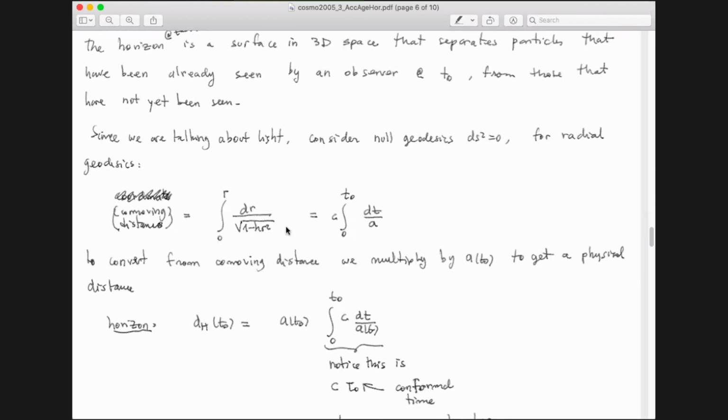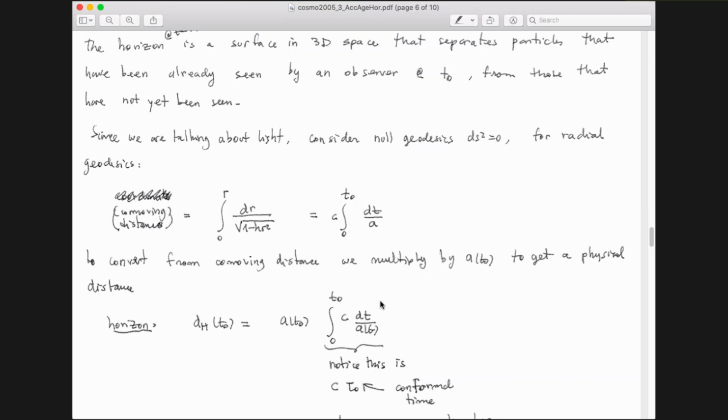So the co-moving distance is c dt by a, the integral from 0 to t naught, the age of the universe from which the light is traveling, and I want the physical distance, so I multiply it with the scale factor. Is it clear? Yes, sir.